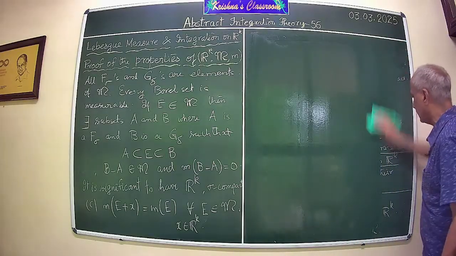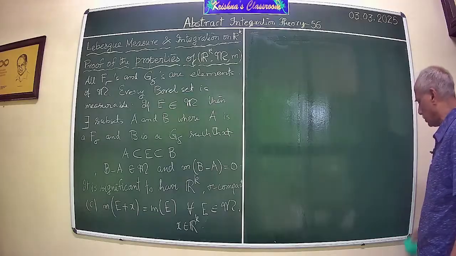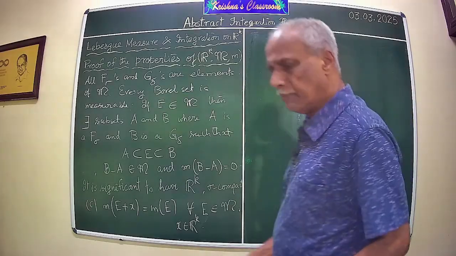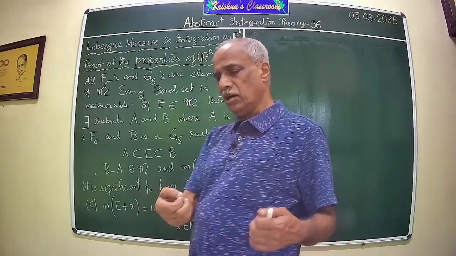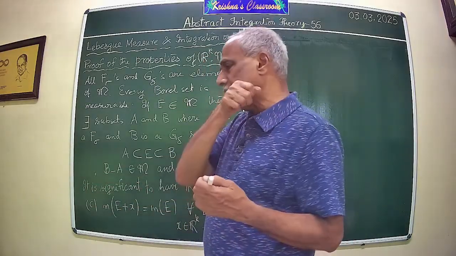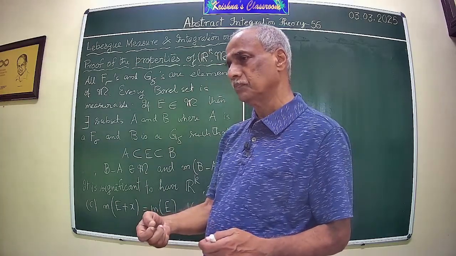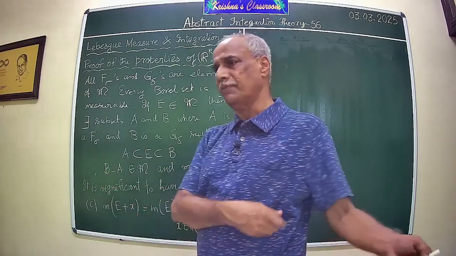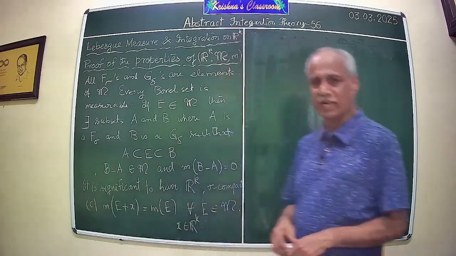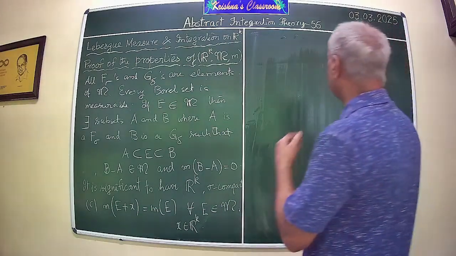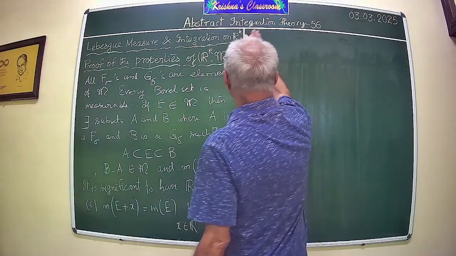What do you mean by translation? Just add this vector to it, and whatever vector you get will be the element. So it is essentially the analog of moving a subset of R to the right or to the left by some real number by adding it. Here it is the vector addition.